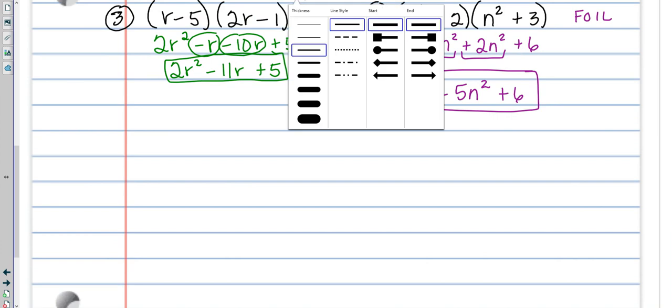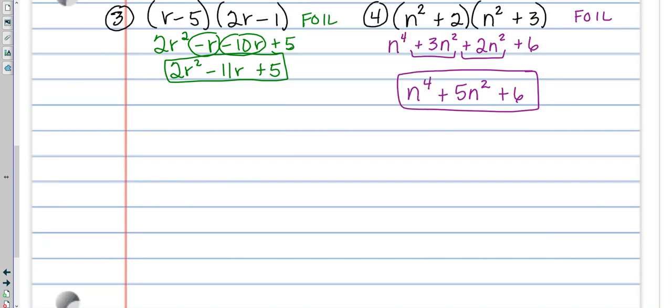Okay, so now we're going to multiply binomial with trinomials.